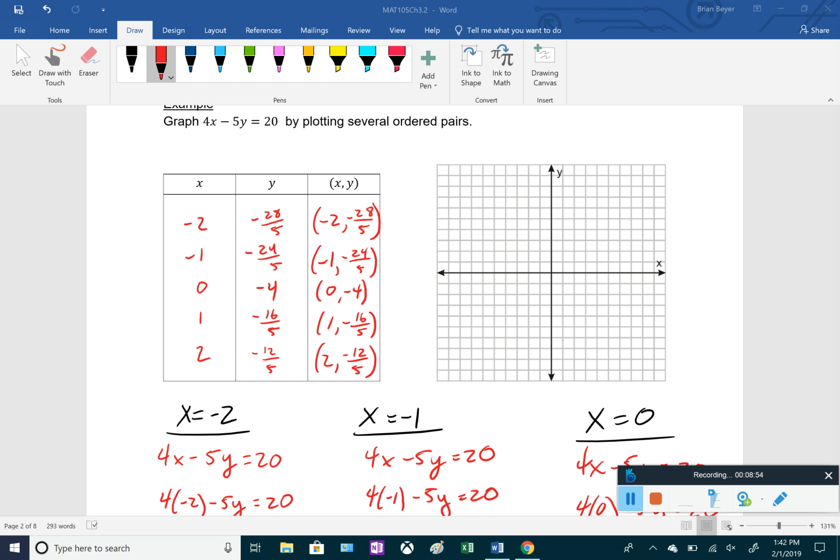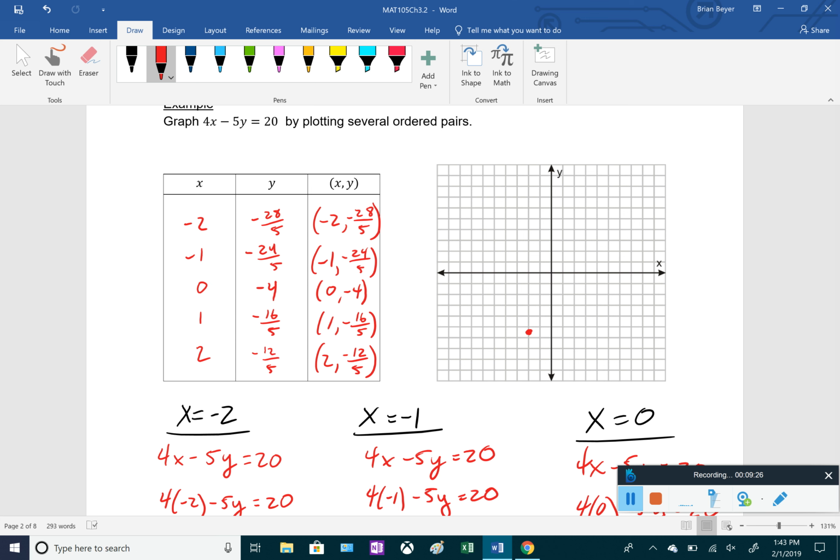So let's plot these points. So I'll plot the first one, -2, comma -28 over 5. So -28 over 5 is going to be about -5.6. So I'm going to go to the left 2 and down 1, 2, 3, 4, about 5.6-ish. So this would help if you changed it to a mixed number or you just divided it and got a decimal to realize what value that actually is.